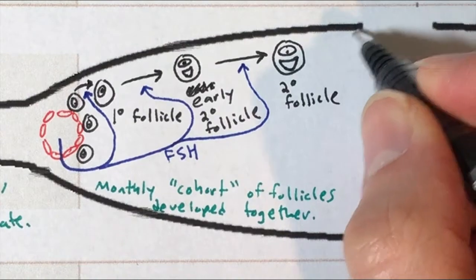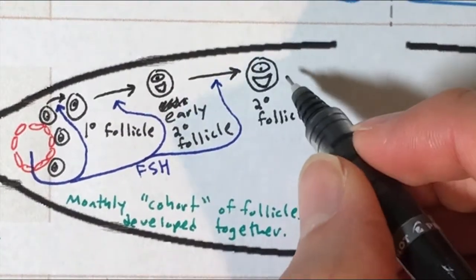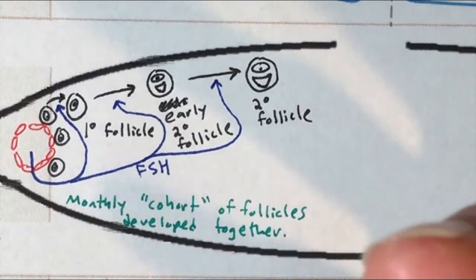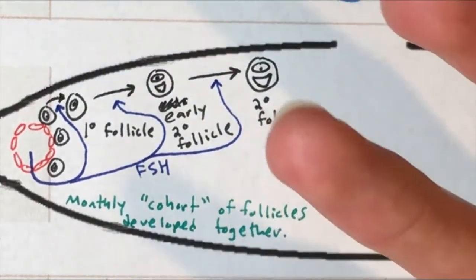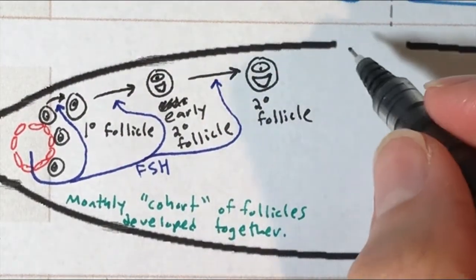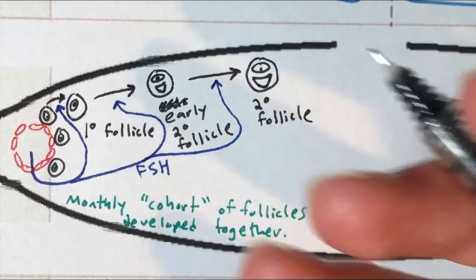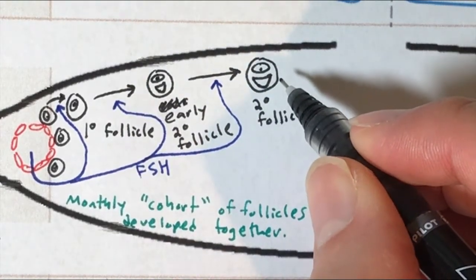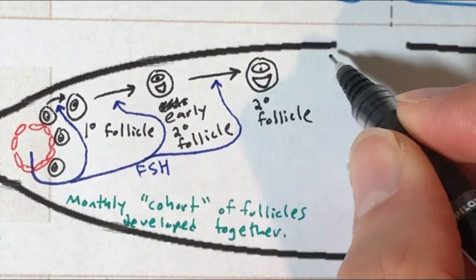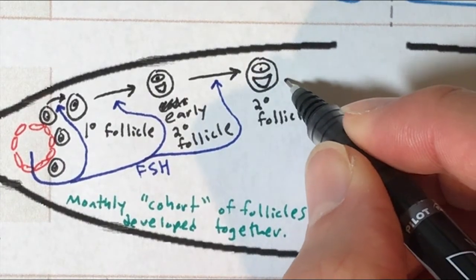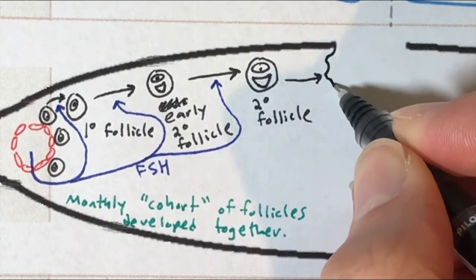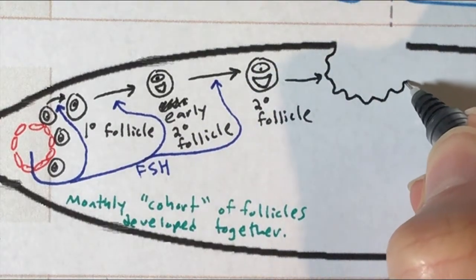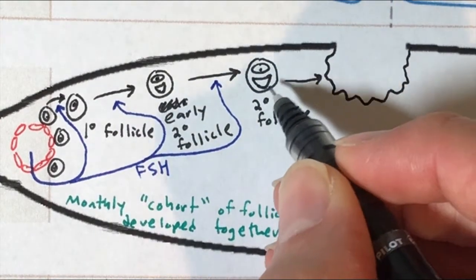And eventually, this secondary follicle will undergo sort of like an exocytosis with the ovary, which is not quite exocytosis, but it's similar to it, where the wall of the follicle here is going to fuse with the wall of the ovary. So here I'm drawing the outer layer of the follicle.